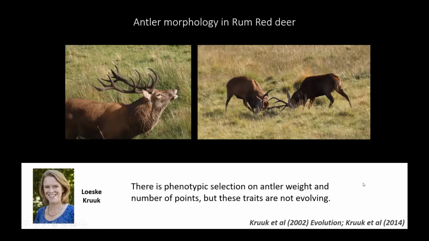However, my colleague Loeske Kruuk, who spent a lot of time looking at antlers within this population, published a very influential paper in the early 2000s that showed that there's phenotypic selection on antler weight and on the number of points, but actually these traits are not evolving over time despite this selection. So there is genetic variation in antler morphology, but it's being completely maintained within the population.